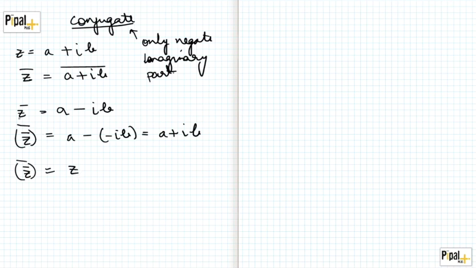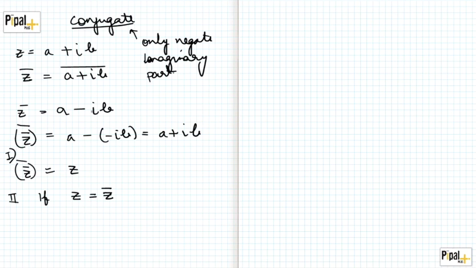So let's look at some of the other properties of conjugates. This is the first property that we've just done: the conjugate of a conjugate is the original complex number itself. The next property is that if a complex number is equal to its conjugate, then the only way this is possible is if its imaginary part does not exist, right?